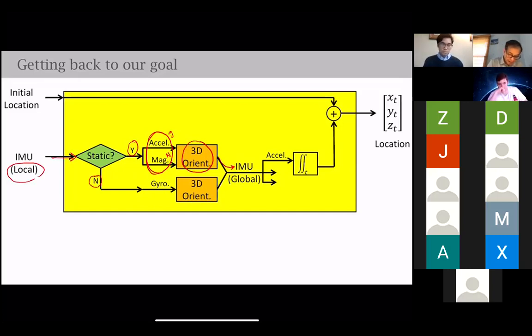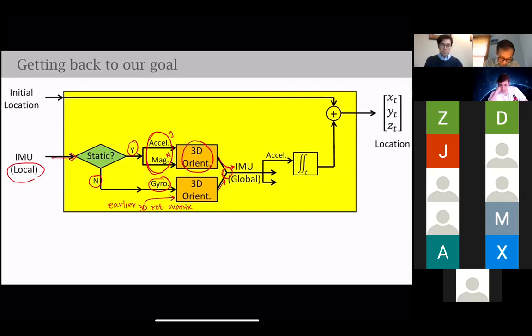If it is not static, you use the gyroscope plus the initial orientation. We are assuming that the initial orientation is known. Maybe I should say that. Earlier 3D rotation matrix. And that again gives you IMU global, because once you know 3D orientation, you can get IMU global.